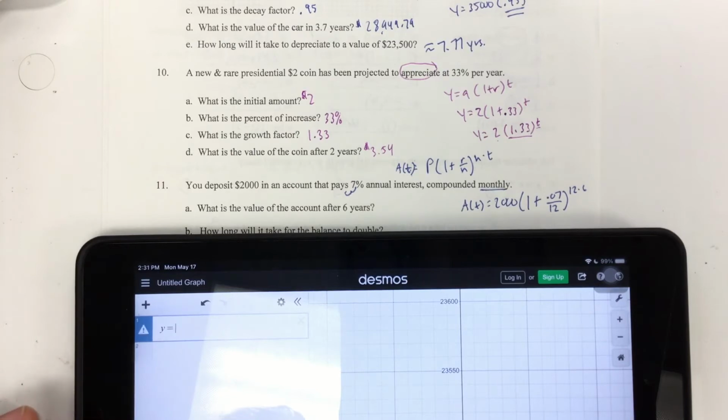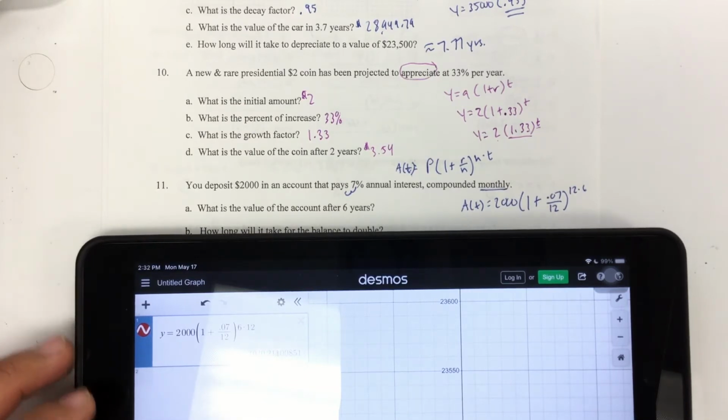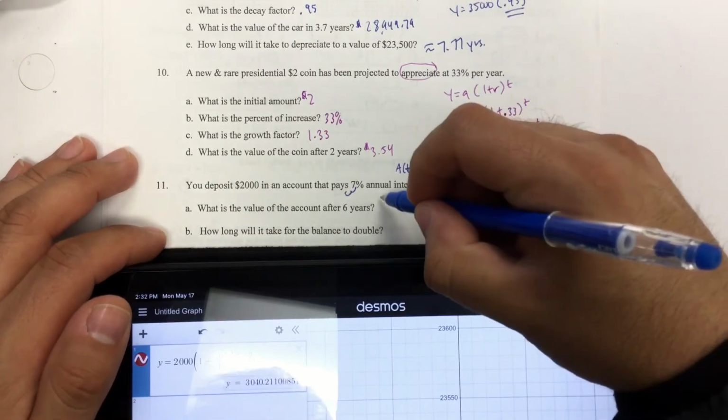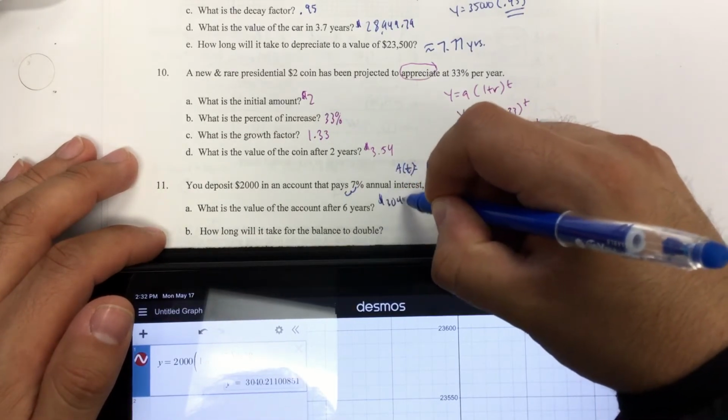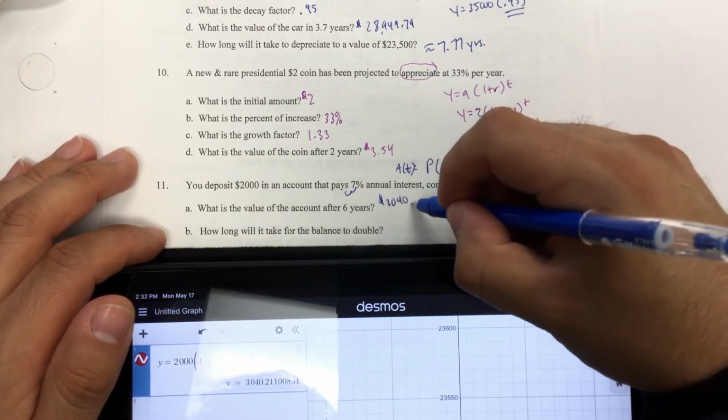So I'm just going to use y equals 2,000 times 1 plus 0.07 over 12, raised to the 12 times 6. All right, and I get 3,040.21. So it'd be $3,040.21.